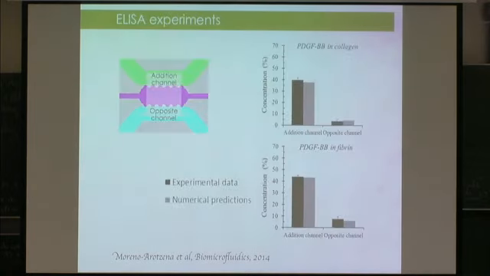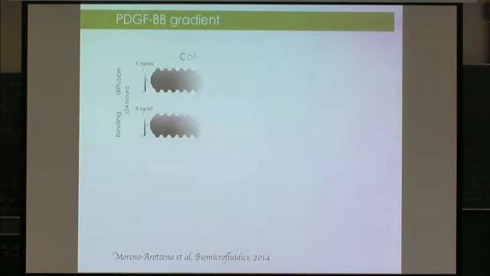So this is the result that we have obtained, and we can see that the numerical prediction is quite good in comparison with the experiment. We assume that in this chamber the hydrogel is going to do two things. The growth factor is going to diffuse, to move, but also it is going to bind to the matrix.